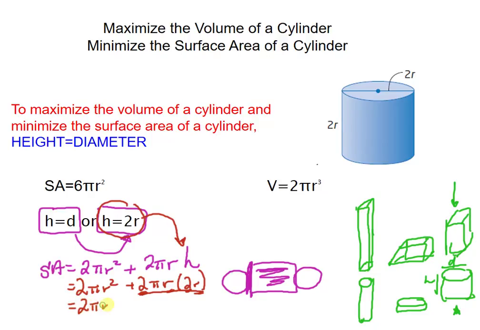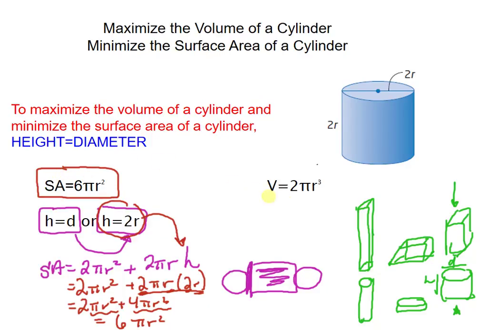So 2 pi r squared plus 4 pi r squared. Well, this is beautiful. Now, pi r squared and pi r squared are like terms. It's just 6 pi r squared. That's where we get the surface area equation from.